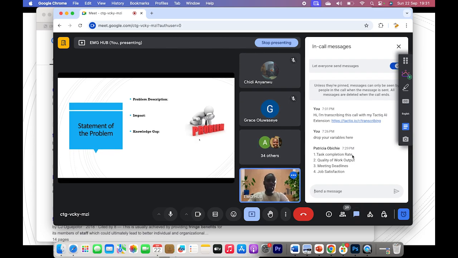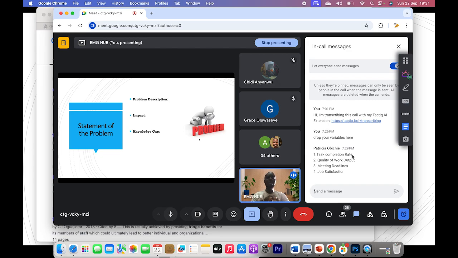The problem in this thing, you are going to be saying that most employees are not meeting up their task completion rates. I don't know if you get, that's a simple problem. So now you are going to be looking at other journals, other studies, to be able to see how they have talked about employees' poor or inability to complete their jobs properly.